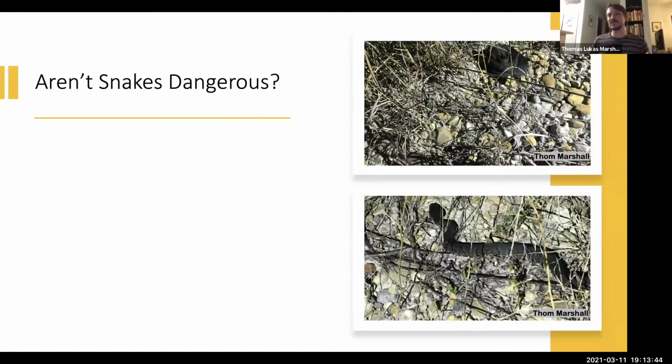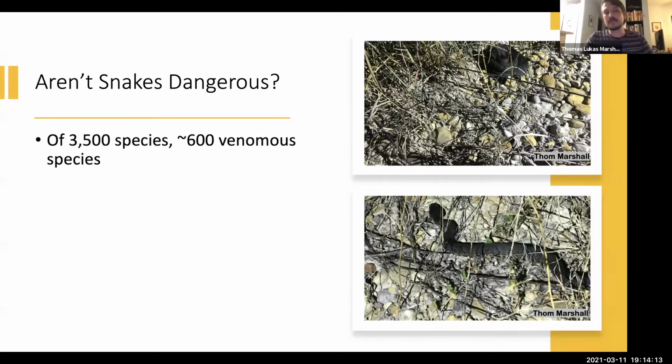So one concern that is on top of a lot of people's minds is, aren't snakes dangerous? We know some are venomous. Aren't they a threat to being outdoors in nature? I want to take some time to alleviate your fears about that and to convince you that we don't really have that much to fear from snakes if we're careful with them and treat them with respect.